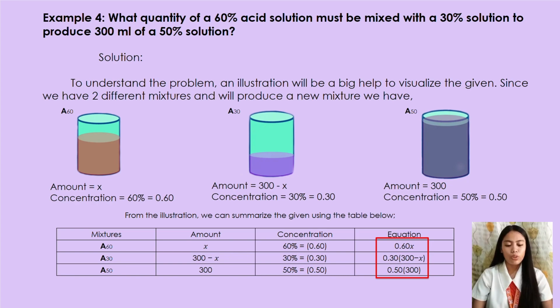And their values: 60% equals 0.60, 30% equals 0.30, 50% equals 0.50. Equations: 0.60x, 0.30 times 300 minus x, 0.50 times 300.